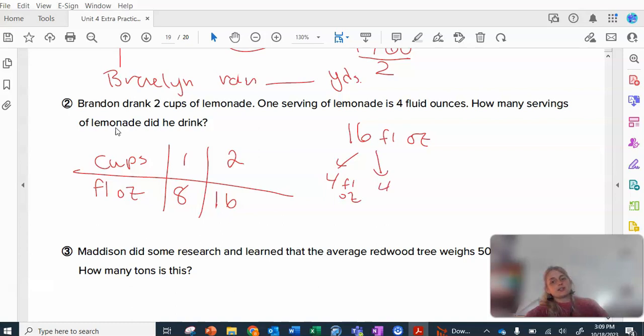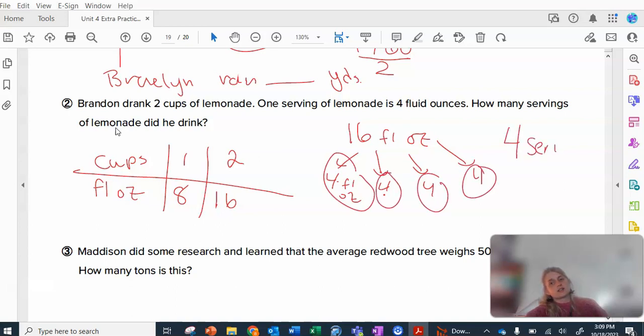How many 4s are in 16? 4 and 4 makes 8, and 4 more makes 12, and 4 more makes 16. So you have 1, 2, 3, 4 servings. Notice that I'm not writing 4 fluid ounces because the question is how many servings? 4 servings of lemonade. Ta-da! Next one.